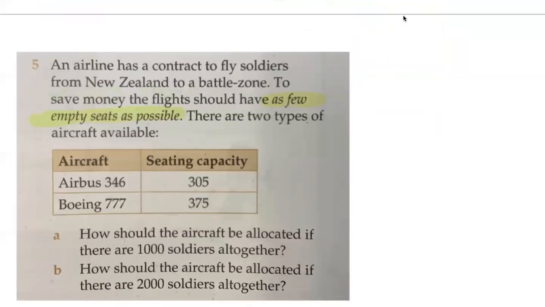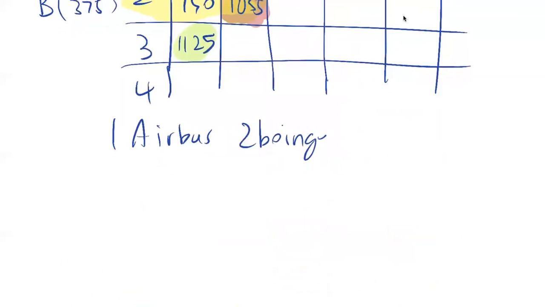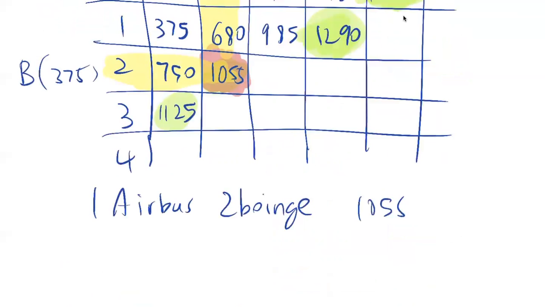I forgot now. Oh, I've also got an E in there somewhere. We'll just stick the E there because we don't want to lose it. So 2 Boeings, which gives us 1,055 seats, and 55 are empty. And that is the least amount that we've got.